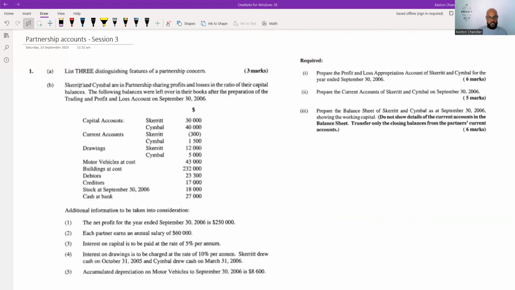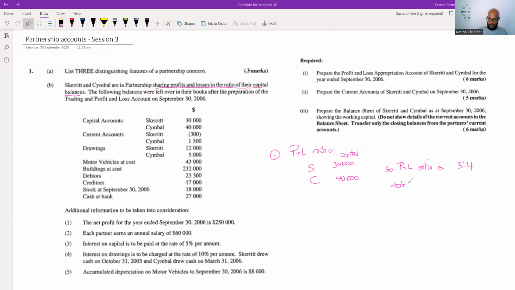So Skeritt and Cymbal are sharing profits and losses in the ratio of their capital. So that was the P&L ratio. Skeritt and Cymbal had 30,000 and 40,000 as the capital. So your P&L ratio is 3 to 4.